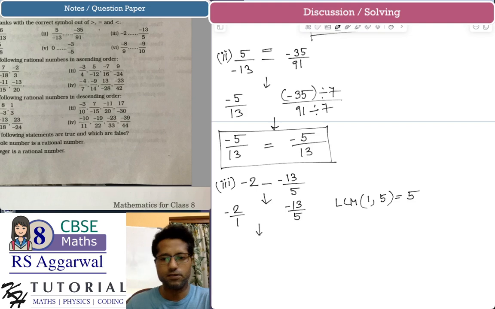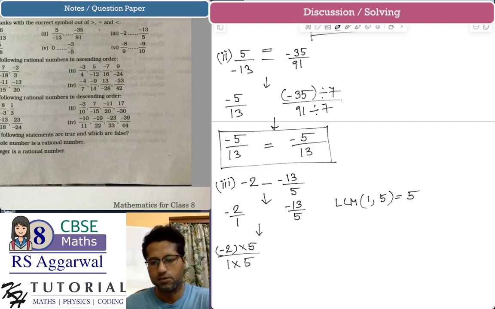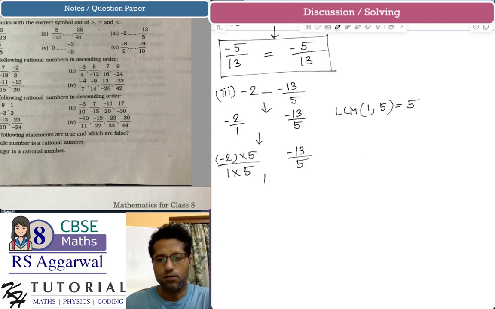So minus 2 will be multiplied by 5 and 1 multiplied by 5, and the other remains the same as the denominator is already 5. So now the pair of rational numbers becomes minus 10 by 5 and minus 13 by 5.